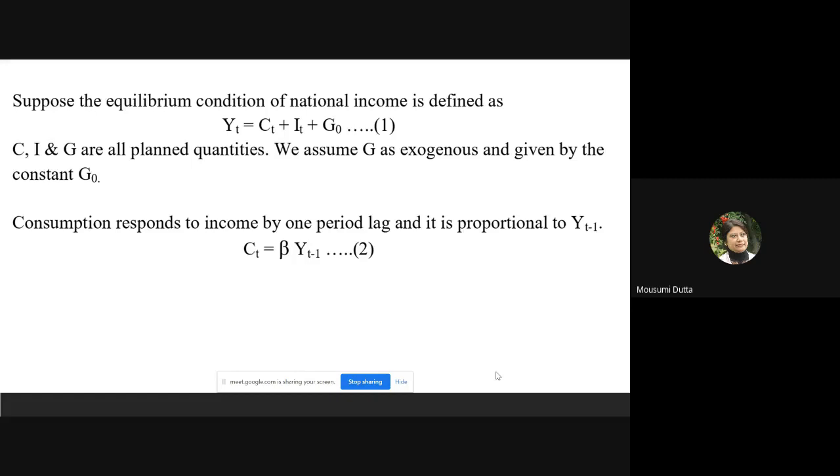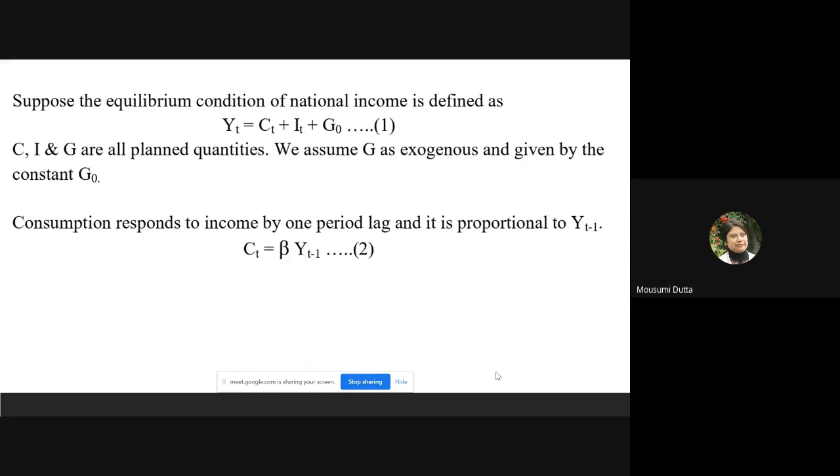So at the individual level, this happens on a regular basis. On the basis of the salary which we earn in the previous month, we plan the expenditure in the next period accordingly. At the national level or macro level, this also happens.